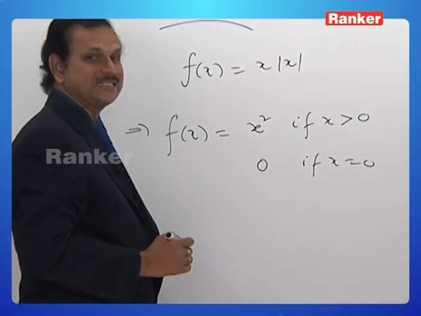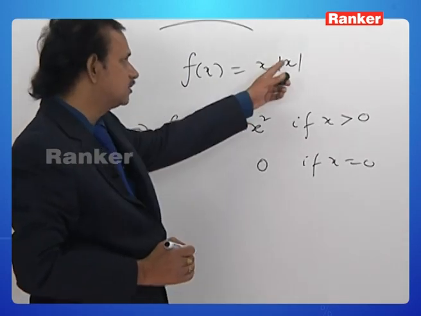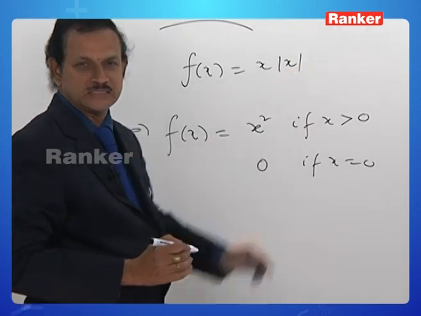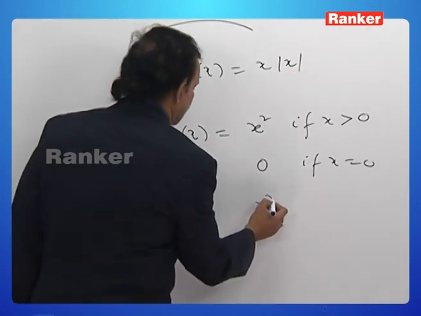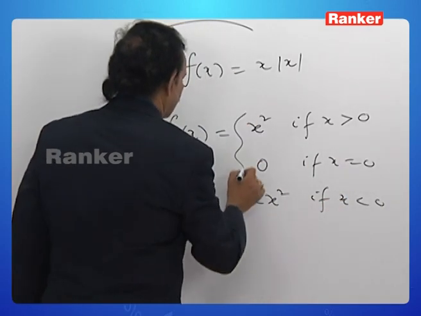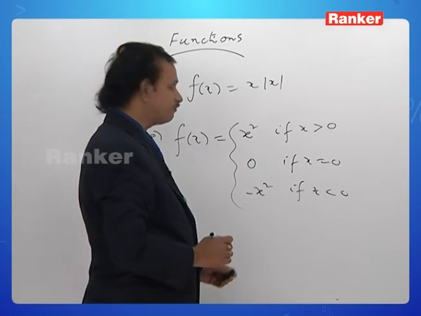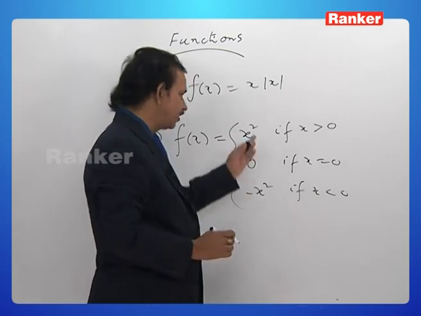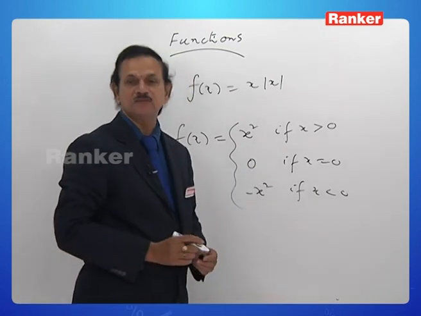If x is less than 0, what happens? Mod x is minus x. X into minus x is minus x square. So this is minus x square if x is less than 0. Therefore, f of x has 3 different answers in 3 different cases.